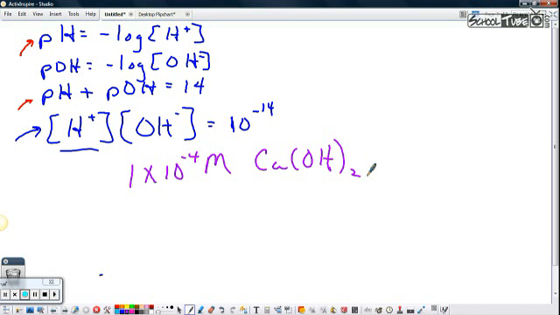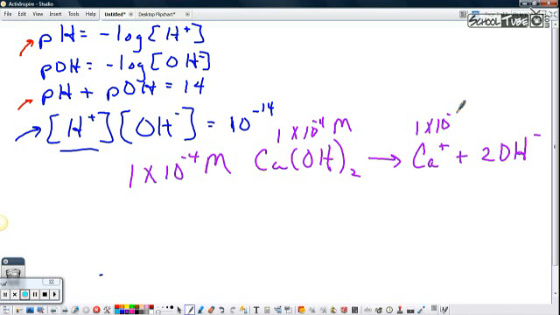So this chemical is going to yield Ca2+ plus 2OH minus. If this one is 1 times 10 to the minus 4 molar, then this one is also, because it's a 1-to-1 ratio, 1 times 10 to the minus 4 molar. But this one is a 1-to-2 ratio.